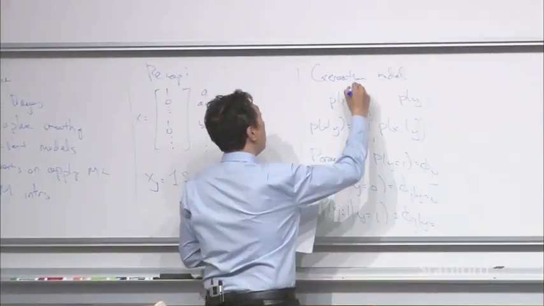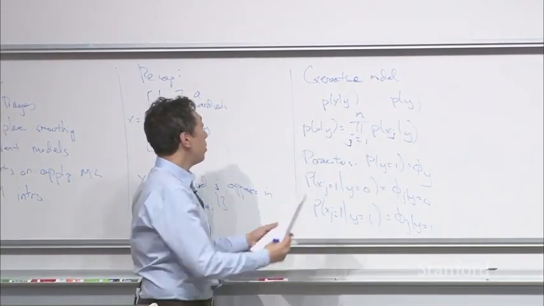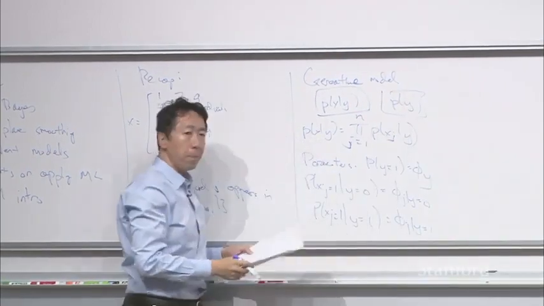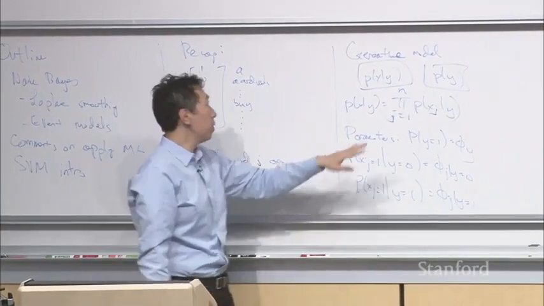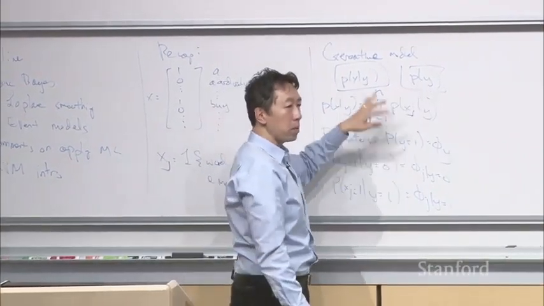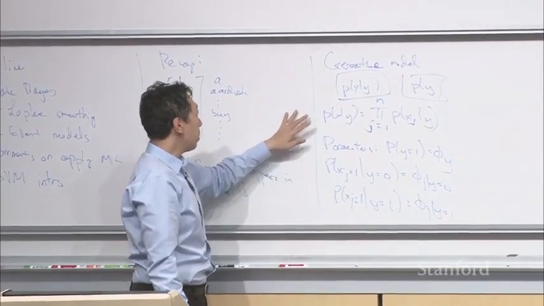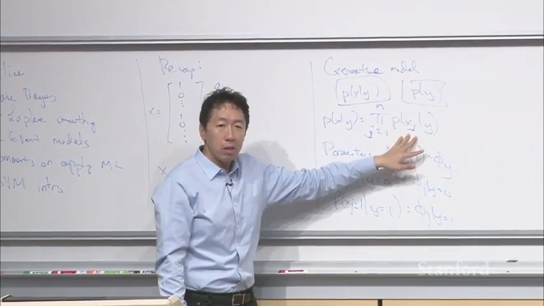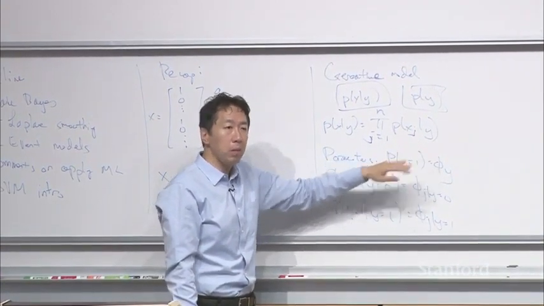And so to build a generative model for this, we need to model these two terms, P of x given y and P of y. So Gaussian discriminant analysis models these two terms with a Gaussian and a Bernoulli, respectively, and naive Bayes uses a different model. With naive Bayes in particular, P of x given y is modeled as a product of the conditional probabilities of the individual features given the class label y.